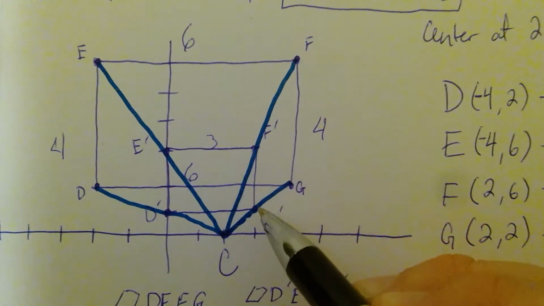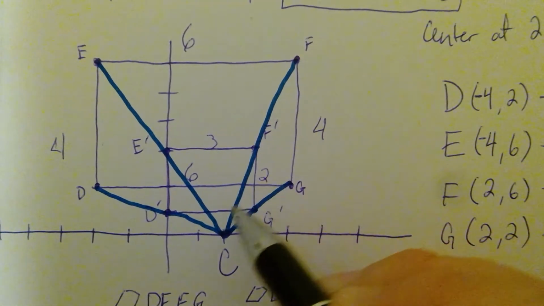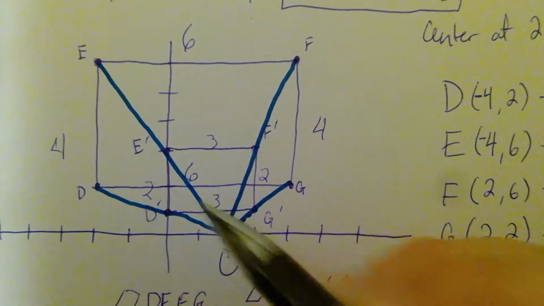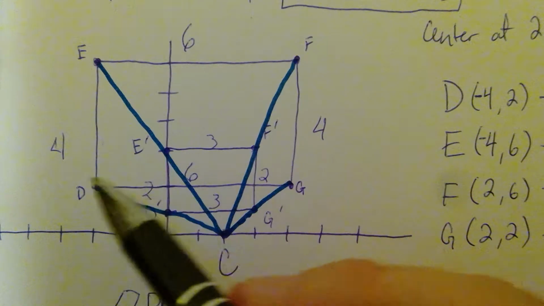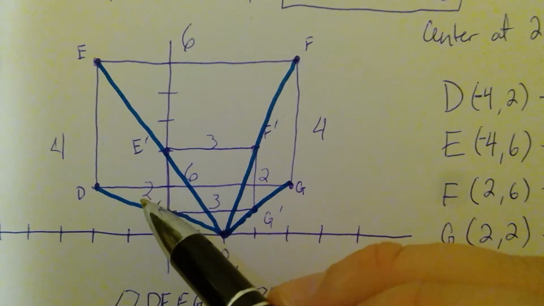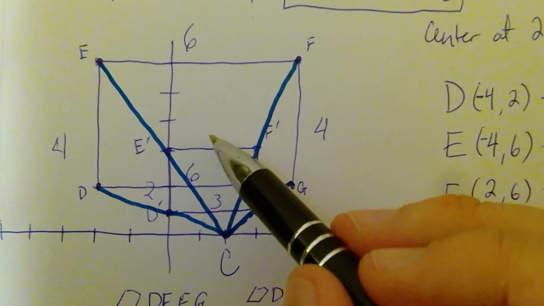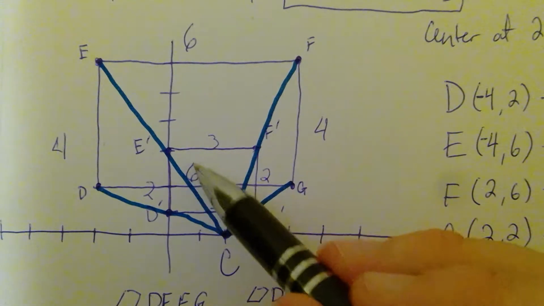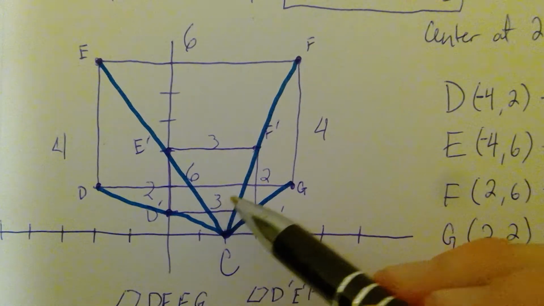On our short side, we've got 2. Our long side, we have 3. Our short side, we have 2. Okay, so we went from 4 to 2. That'd be times 1/2. 6 to 3 times 1/2. 4 to 2 times 1/2. And 6 to 3 times 1/2.